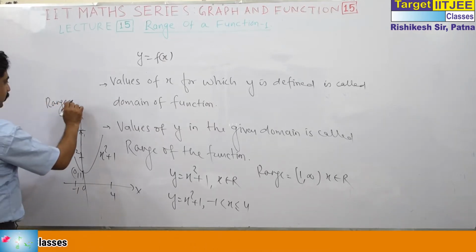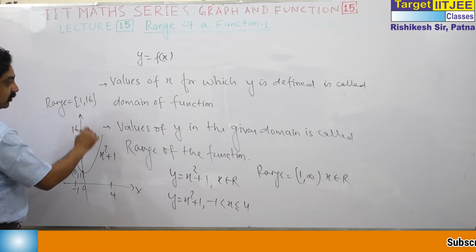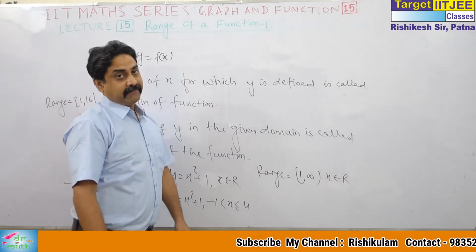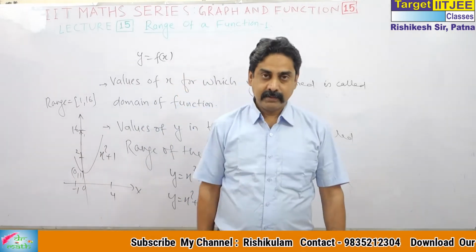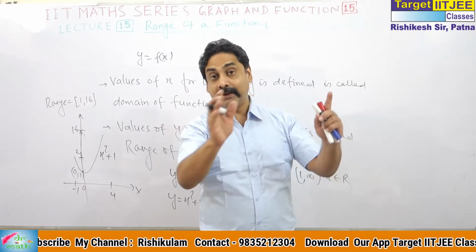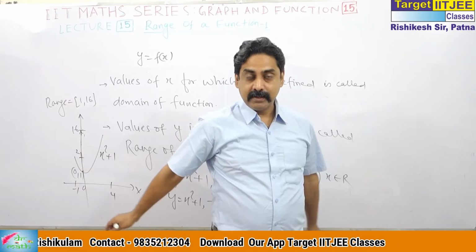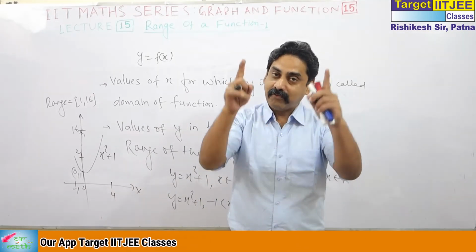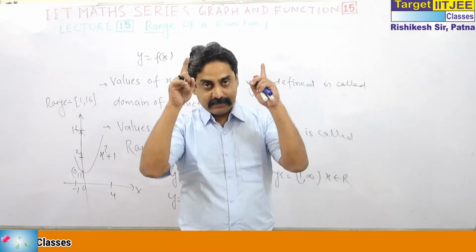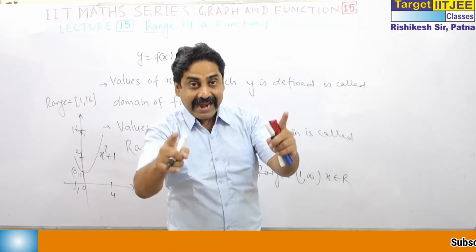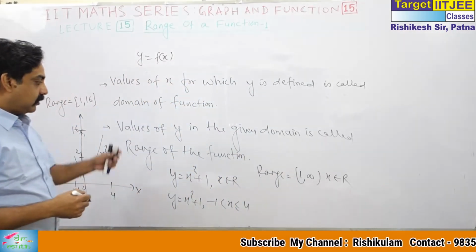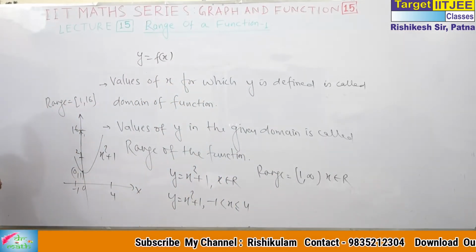Range is 1 to 16. That's why I have written values of y in the given domain. If domain is not given, we will take the complete domain that we have done earlier. But sometimes domain is mentioned, so we have to answer the range in the context of that domain. I think it is clear? If you want to write something, you can write.